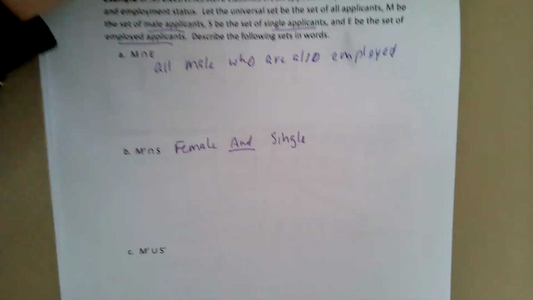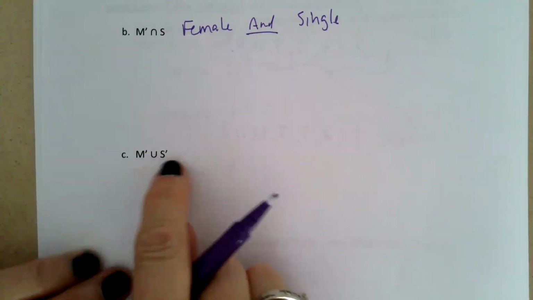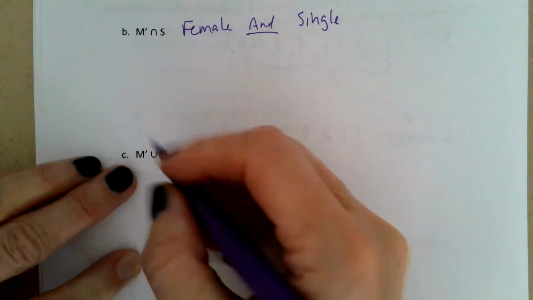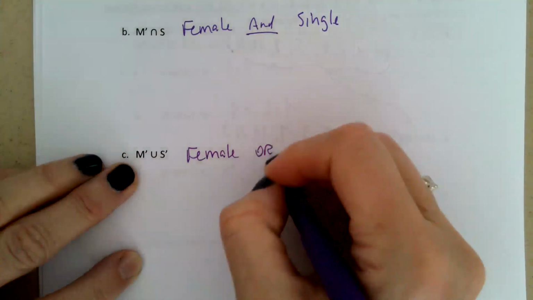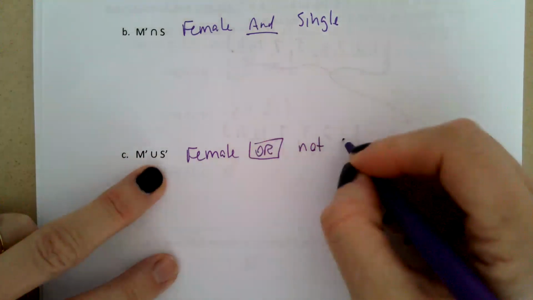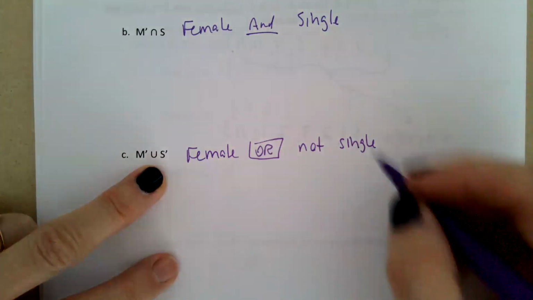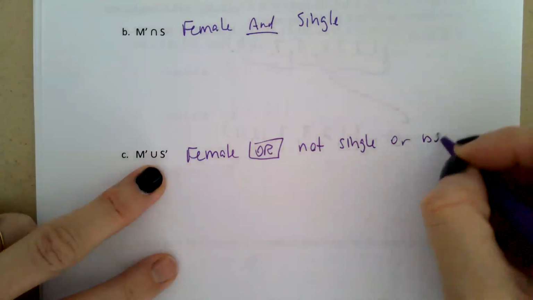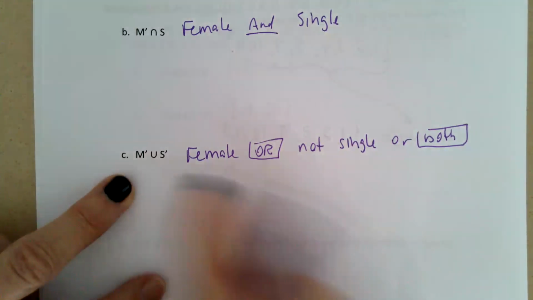And then C says not M union with not S. So not M would be female, or not single, or both, because that's what the union means.